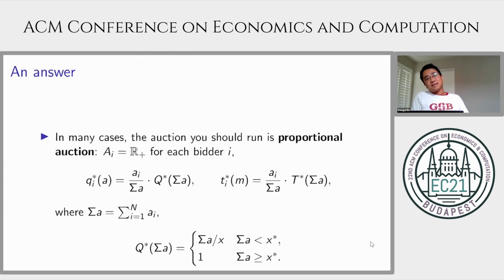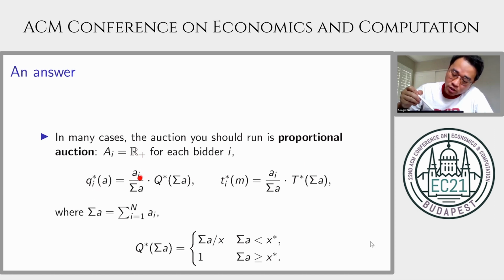Here is an answer. This is not the answer, but we claim that in many cases, the auction that you should run is what we call a proportional auction. In a proportional auction, the action space, or the bid space, is just the space of positive numbers. That's what you can bid in the auction.